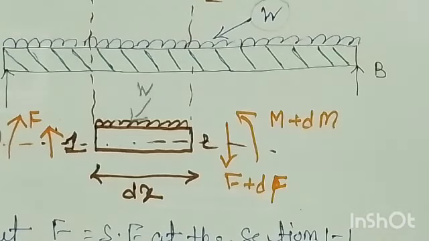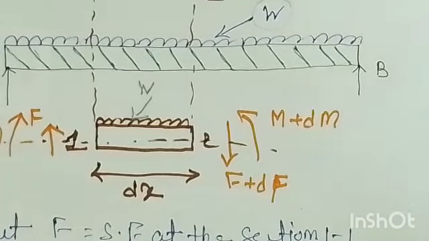Summation of Fx means the sum of all horizontal forces on a given section will be 0, and summation of M means the sum of all the moments will be 0. If these three conditions are satisfied, then we can say the section or body is in equilibrium.